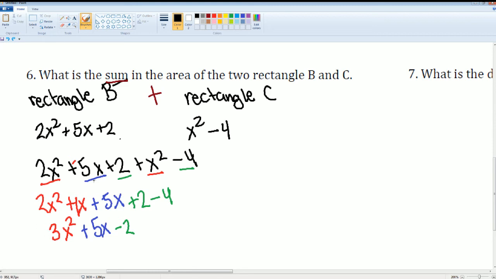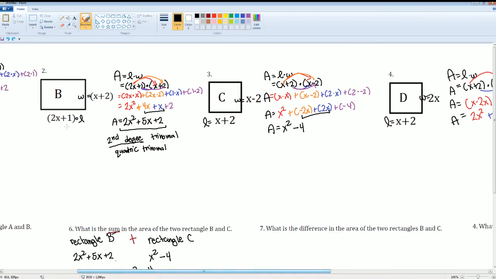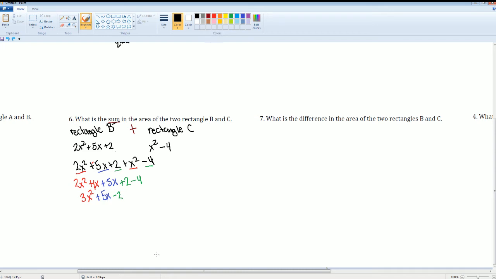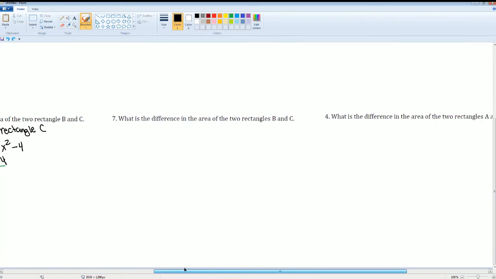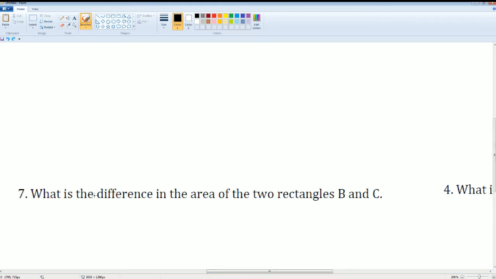All right, so this is the area. If you add rectangle B with rectangle C, you get this area. Okay. Next, we want to find the difference. Okay, we want to find the difference. All right.